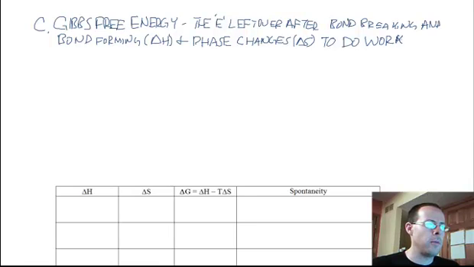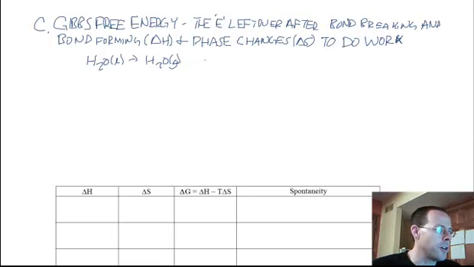Alright? And if you remember, there's kind of energy we talked about in physics as well as in chemistry, and really energy is the ability to do work. Okay? So, if we have a couple examples, if we have water as a liquid going to water as a gas, so we are just boiling water in a pot on the stove. A couple things are true.